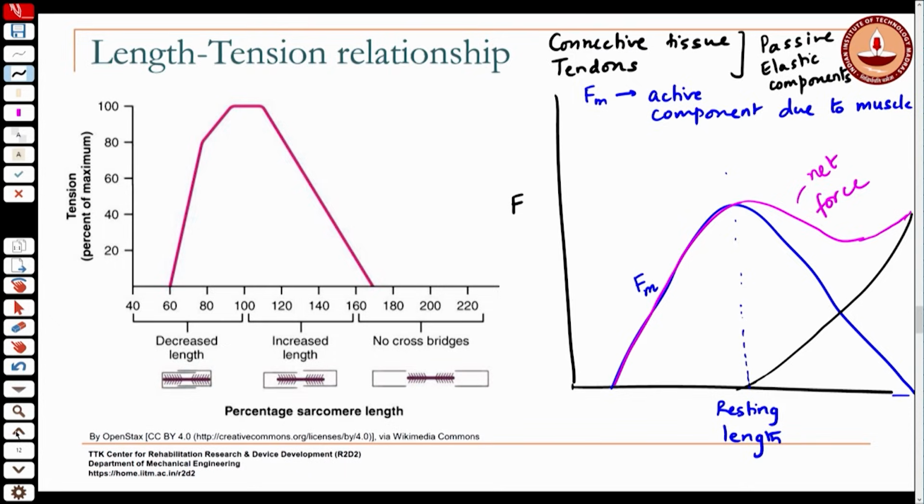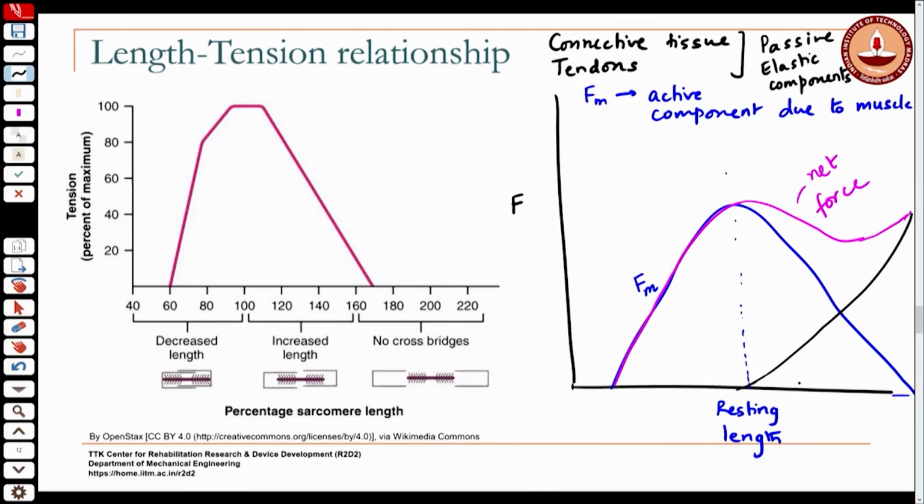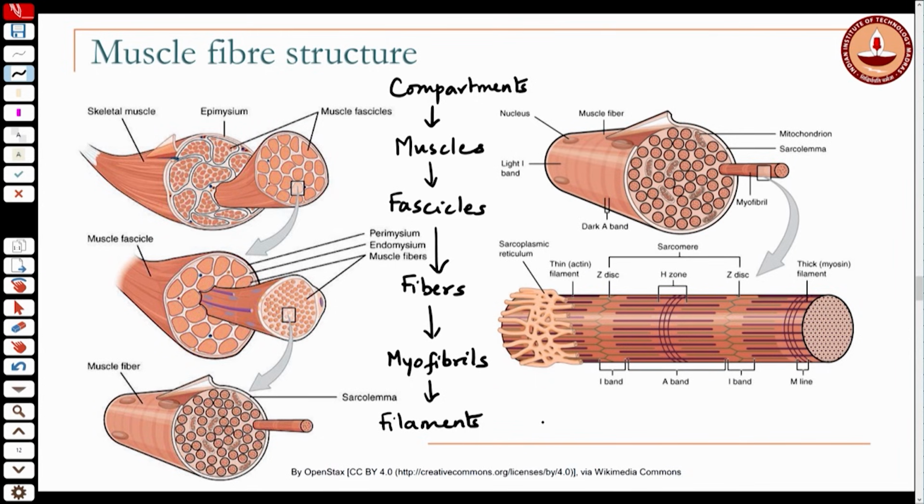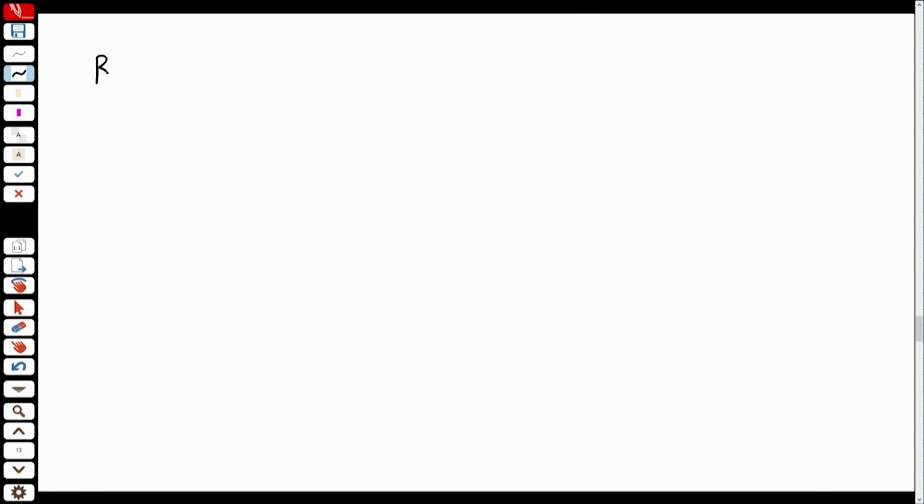In most normal activities, we will be operating in the central zone. But in some muscles you will find that we operate at the extremes. So, biarticular muscles, where the passive tension starts to make a difference.